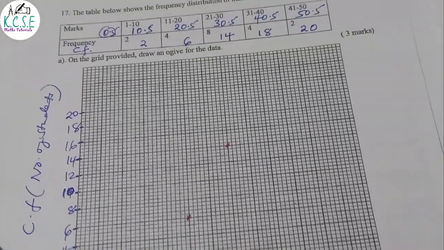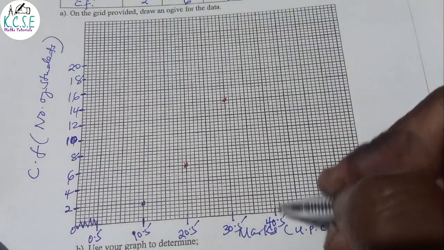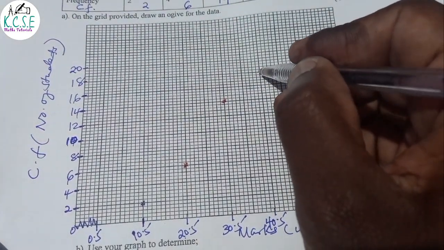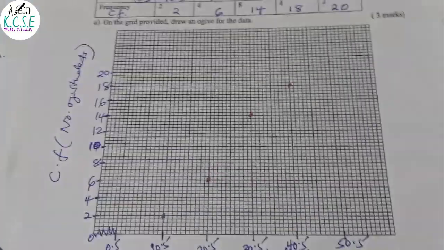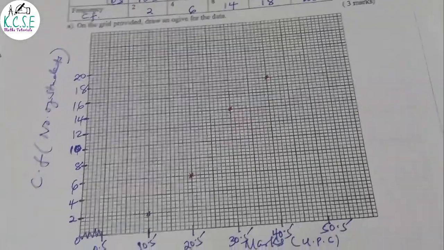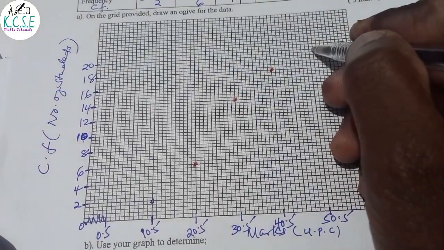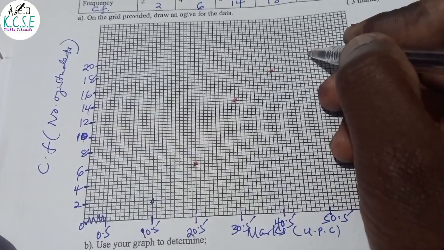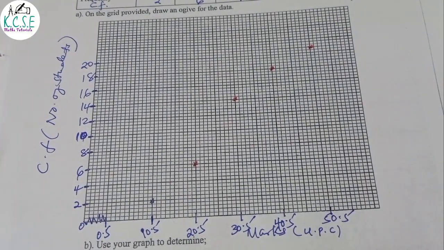Then the next one is 40.5, 18. So 40.5, 18 is here. And lastly, the last one is 50.5, 20. So 50.5, 20 will be there. So after doing that, now you can join the points using a smooth curve.